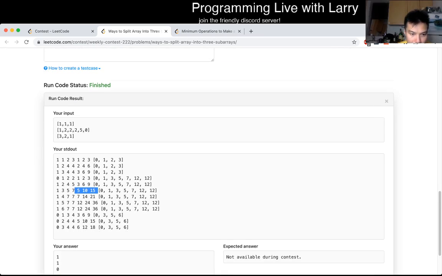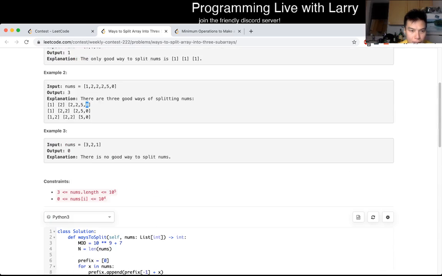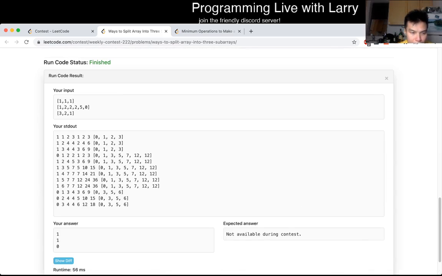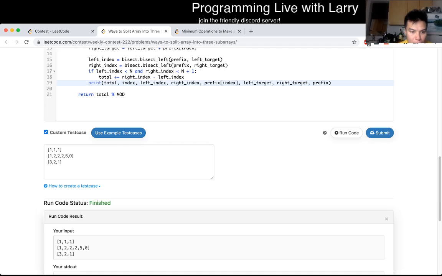Why is this not a 2? That's not right? Well, 1, 2, 3 is wrong. I mean, it's not wrong, but I'm doing something wrong.